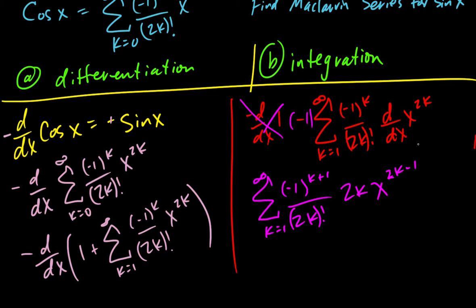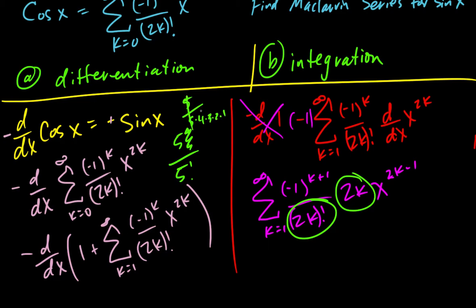And then if we look at the 2k here and the 2k here, we did this in a previous video, but it's just going to reduce that by 1, because it's like if we had 5 factorial, or just 5 over 5 factorial, this would be 5 over 5, 4, 3, 2, 1. The 5s would cancel, and so we just have 4 factorial left over, or 1 less than we started with.